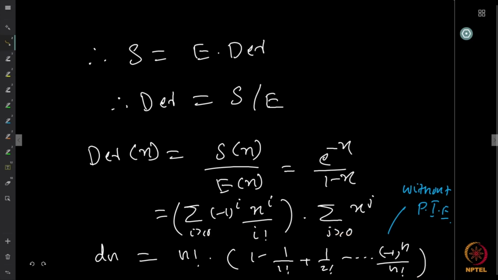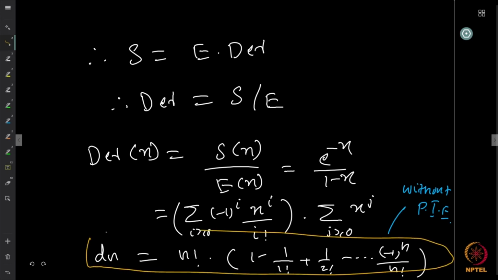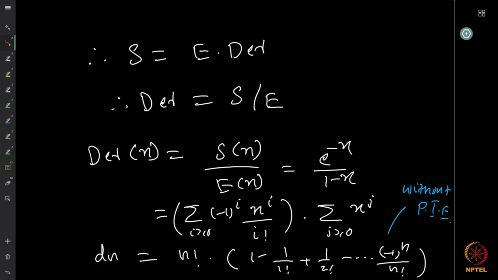This is the formula for d_n we calculated earlier using the principle of inclusion and exclusion. But now, without using any such thing, we can directly compute the formula just by looking at the generating functions for permutations and sets. So this is a nice way to compute other generating functions which are not easy to combine.